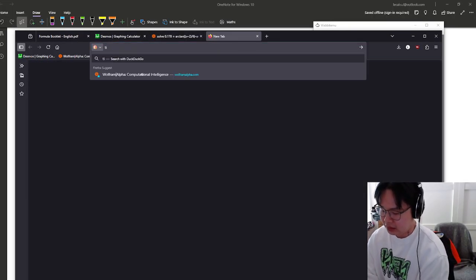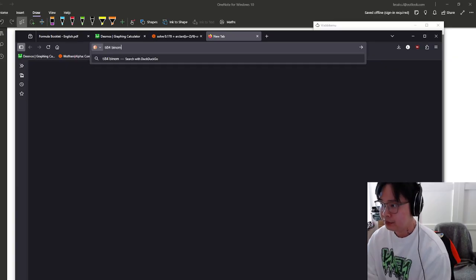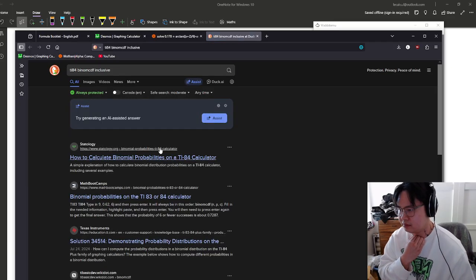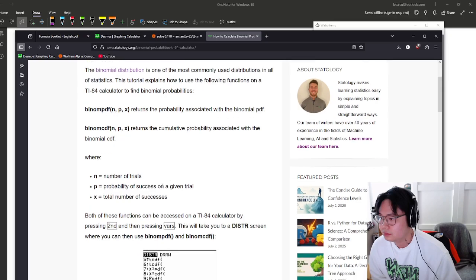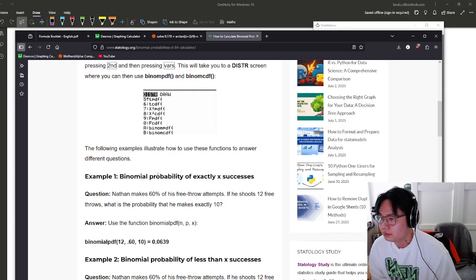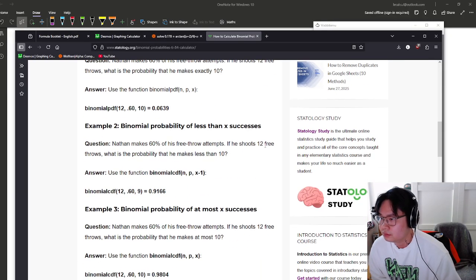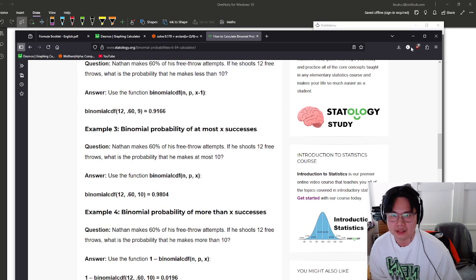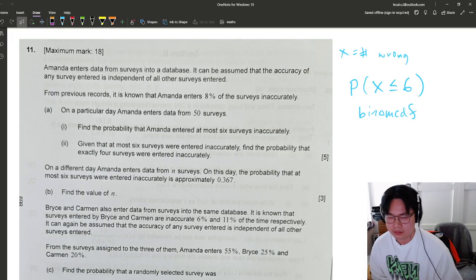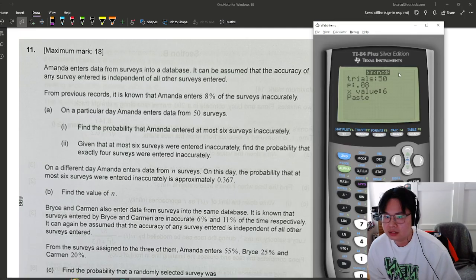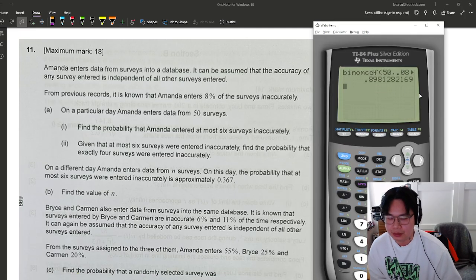TI-84 binomcdf inclusive. Yeah, it's inclusive. Okay, include 6. Paste. Enter. Boom. 0.898.